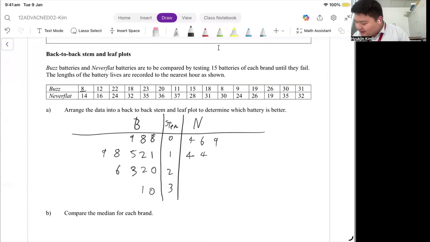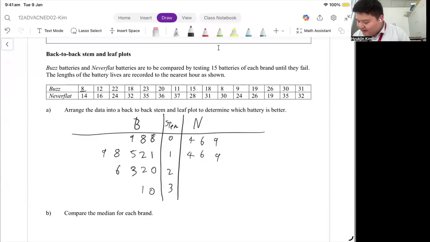4, 4, 6, 7. Zero. That's stupid. What am I reading? I think I read the wrong number. 4, 6, 9.